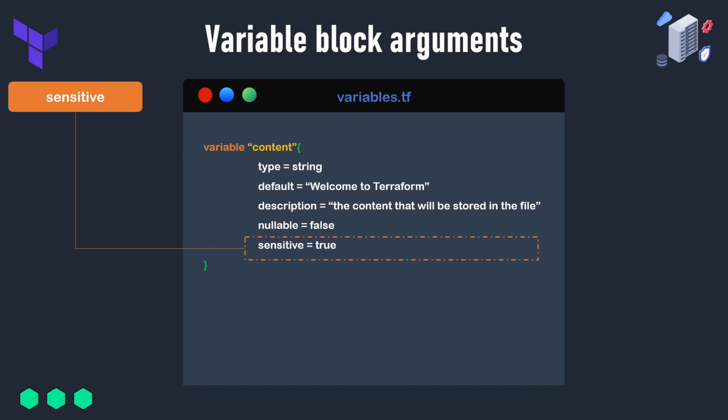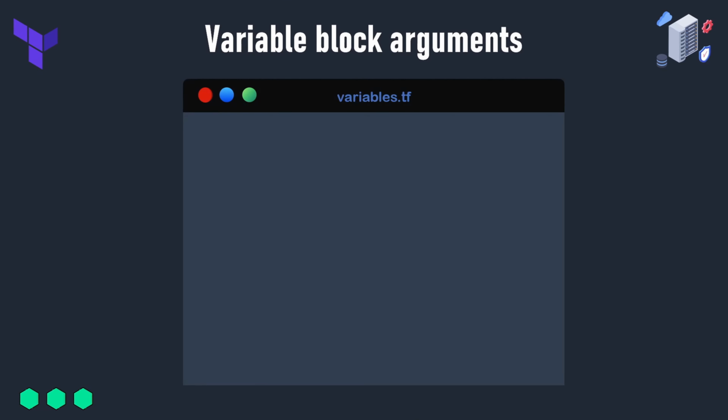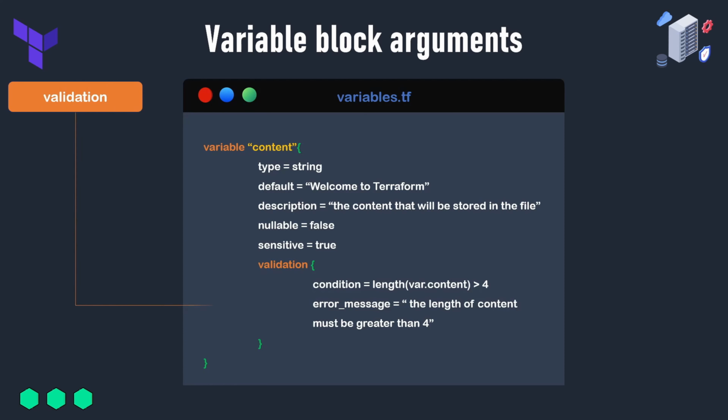Finally, we will talk about the validation argument. This argument is a block that we can use in a variable block to add more restriction on the values that can be assigned to this variable. For example, here, the length of the string given to the content variable should be greater than 4.